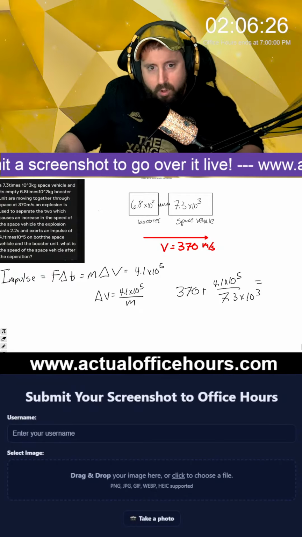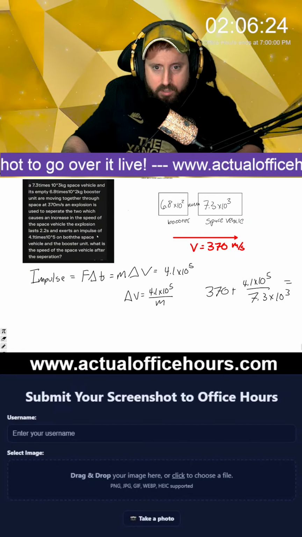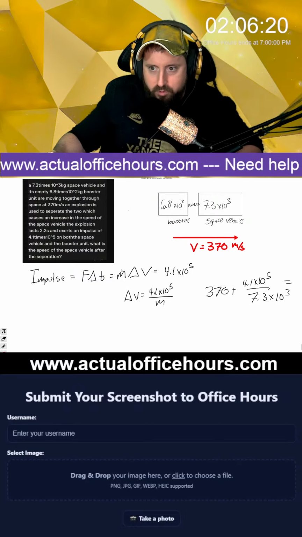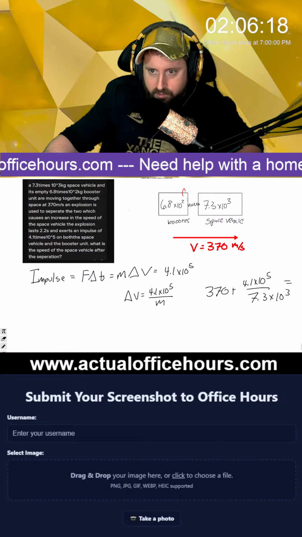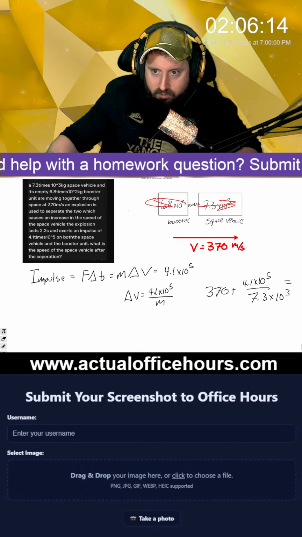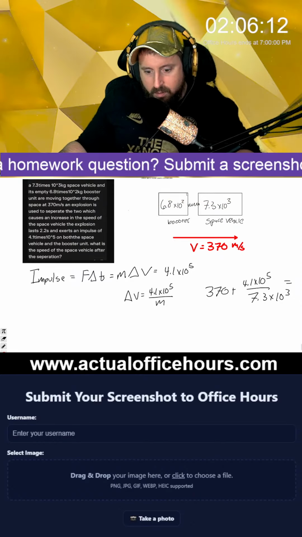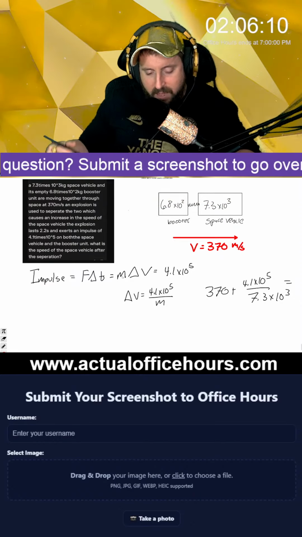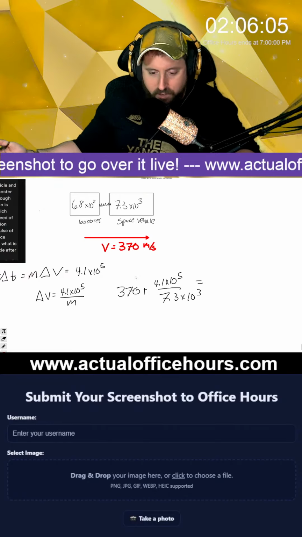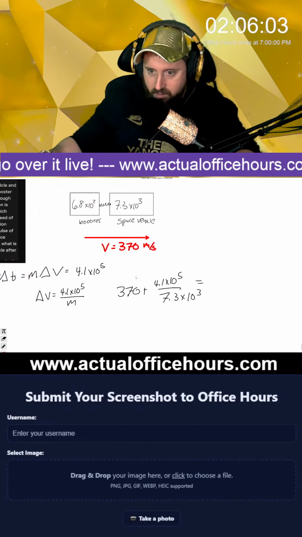Well, it says the explosion exerts an impulse on both the space vehicle and the booster unit, right? So whenever this explosion happens, that exerts impulse on both, which is equal to M delta V on both. And I already know what the initial velocity is, so final velocity is just V plus delta V.